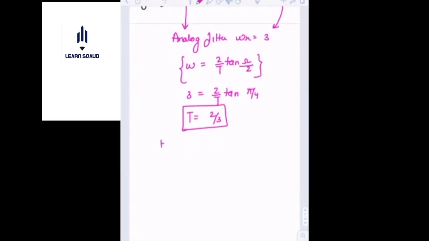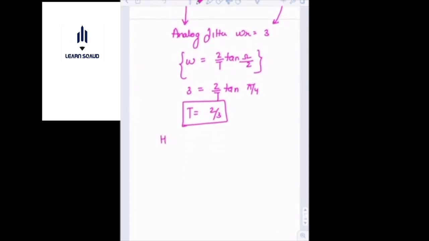Now, as we know that H(z) is equal to H(S), where S is equal to 2 upon capital T into (1 minus Z inverse) upon (1 plus Z inverse). So easily we can replace S by this function in the equation.